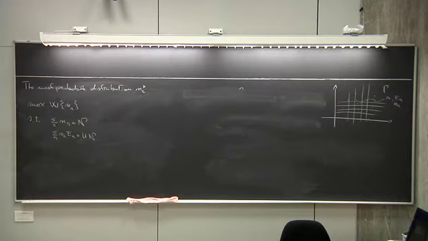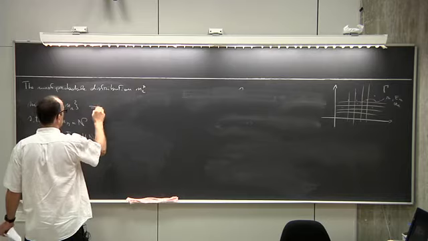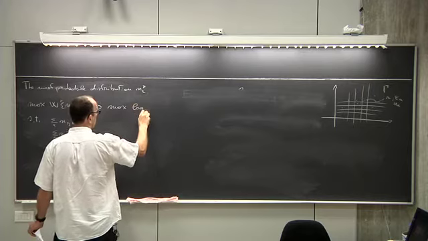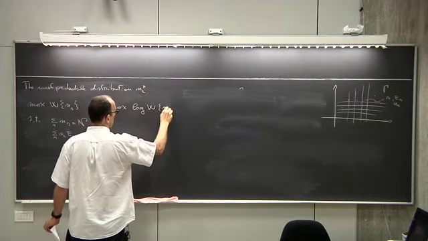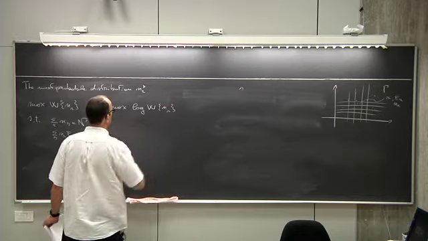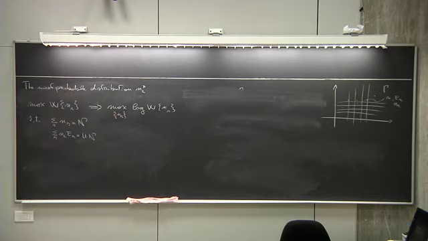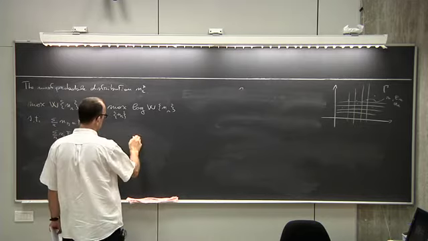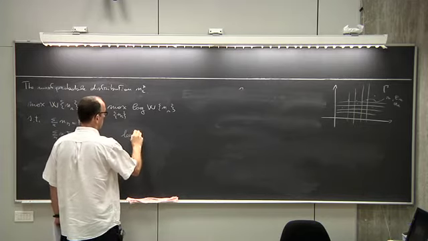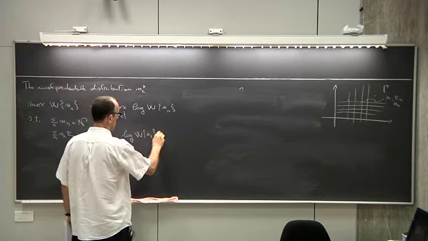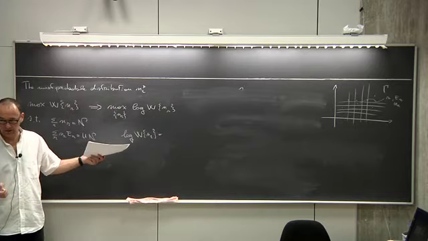Okay, so this is a simple problem, and actually it's better to study the problem of the maximum of the log of W over n of r, because the log of W of n of r is the log of the multinomial coefficient.